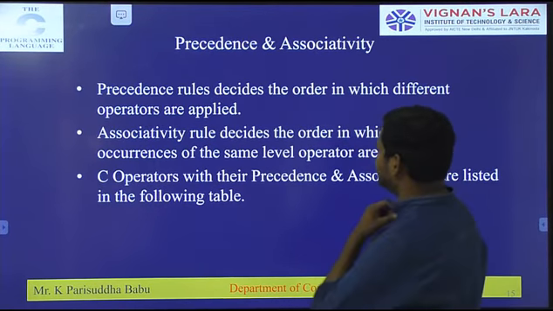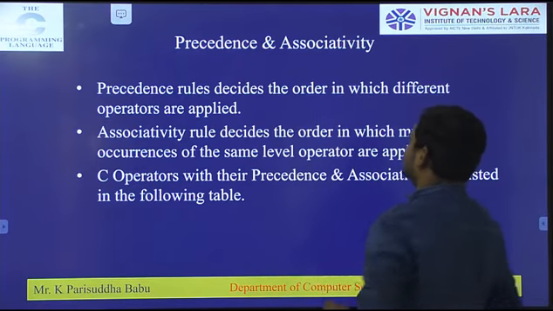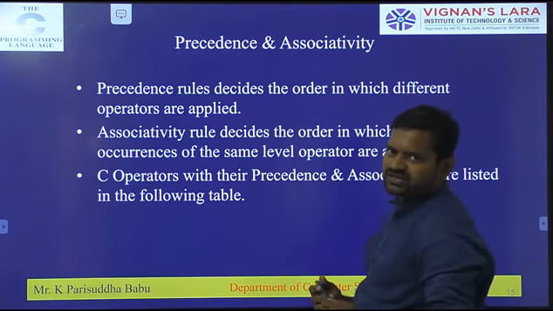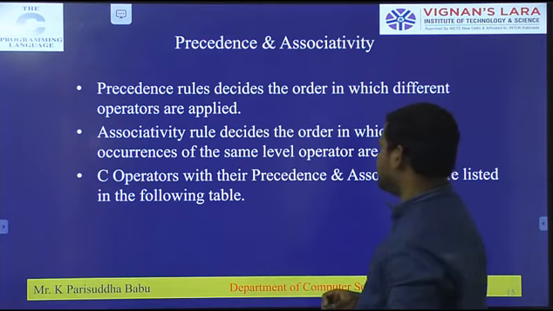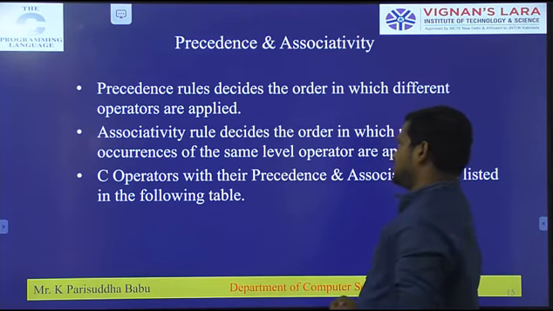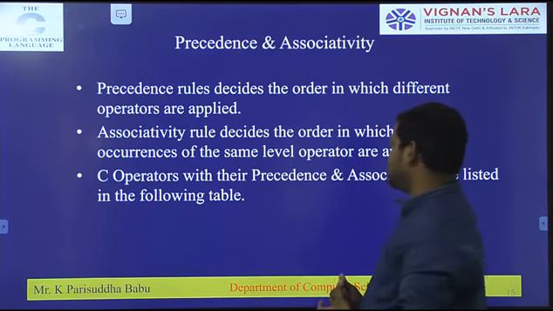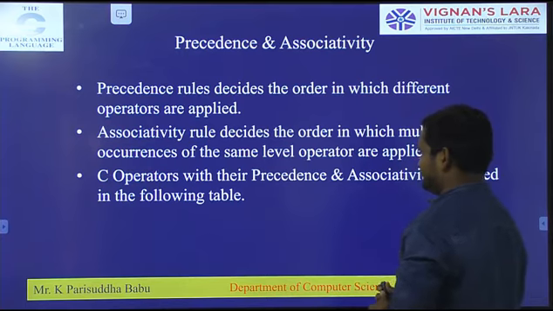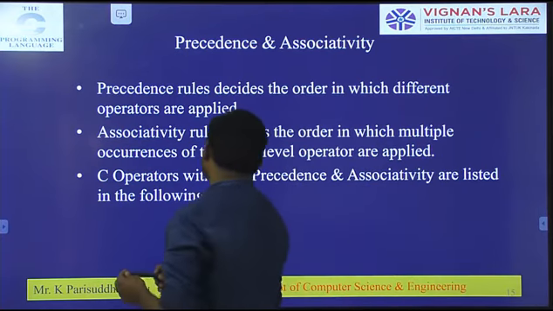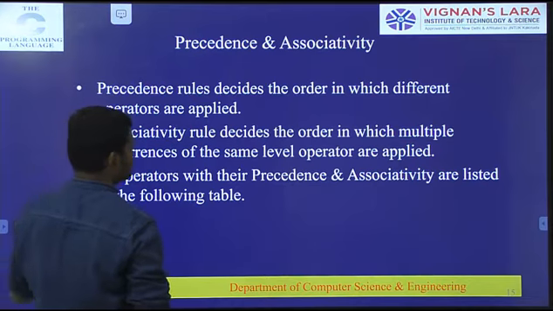Precedence and associativity rules decide the order in which the different operators are applied. Associativity rules decide the order in which multiple occurrences of the same level of operators are applied. C operators with their precedence and associativity are listed in this table.